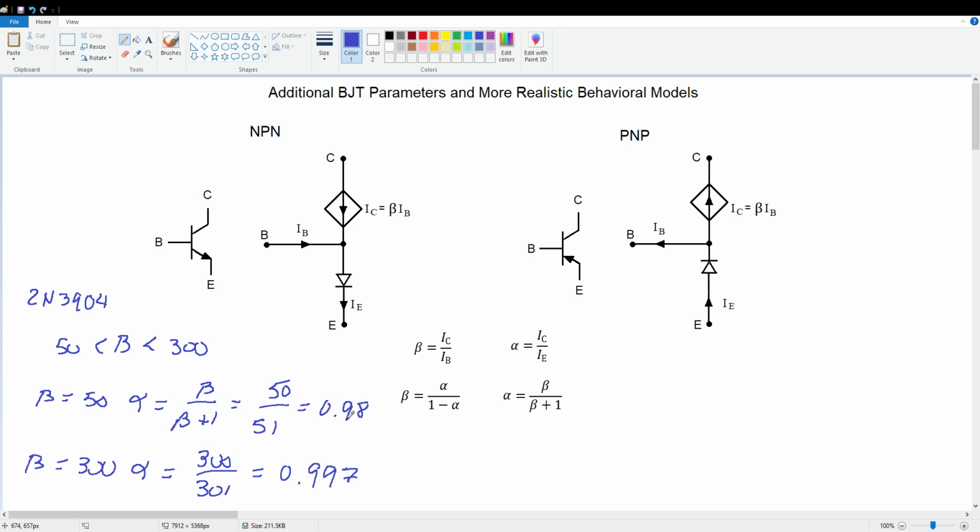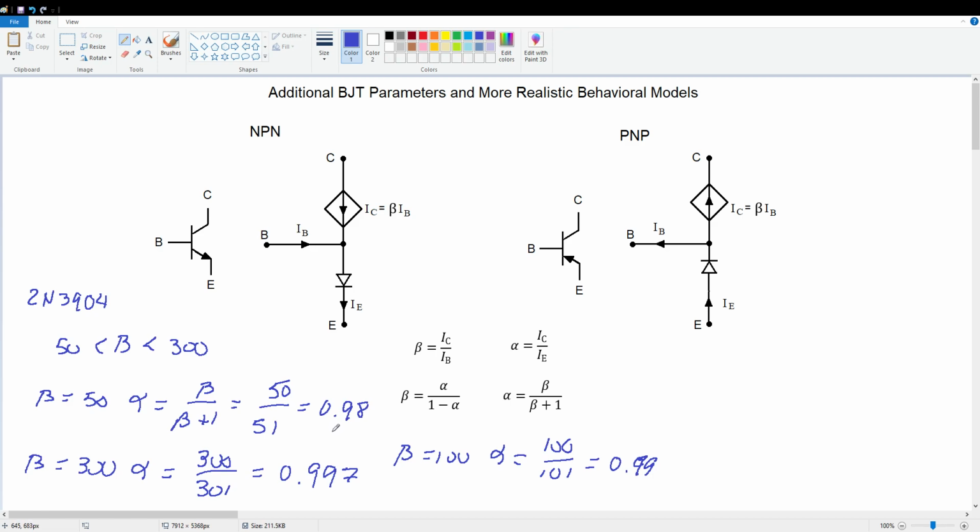Just for the sake of completeness, let's assume we have our typical beta of 100. That corresponds to an alpha of 100 over 101, which is 0.99. All right, so the main takeaway here is that even though the beta varied over a pretty wide range from 50 to 300, the alpha only varied from 0.98 to 0.997, and in all cases it was pretty close to 1.